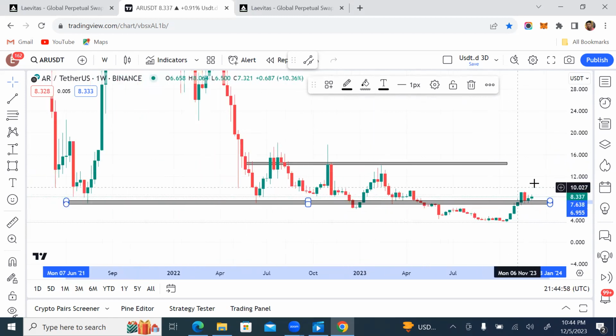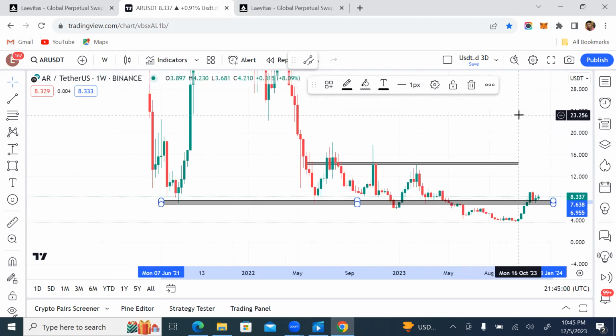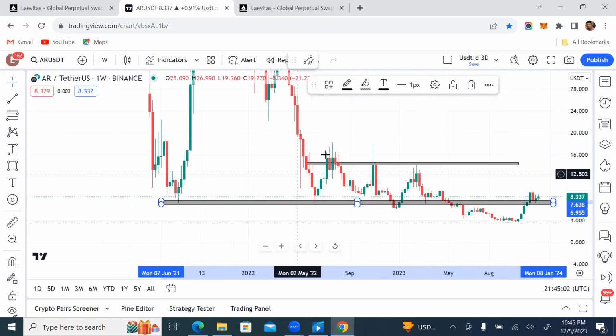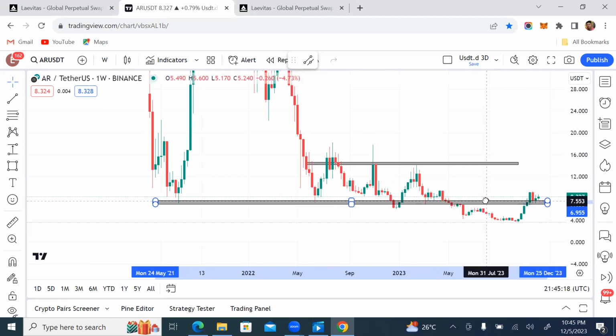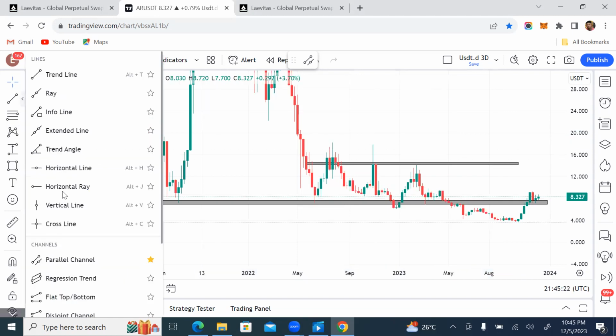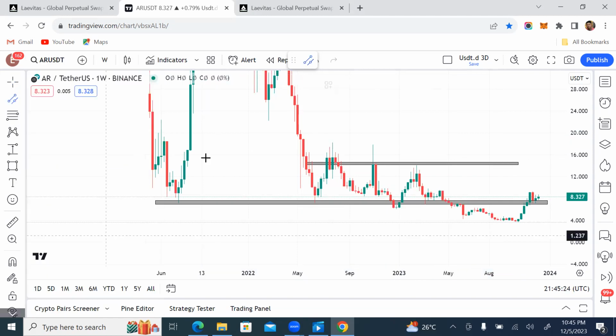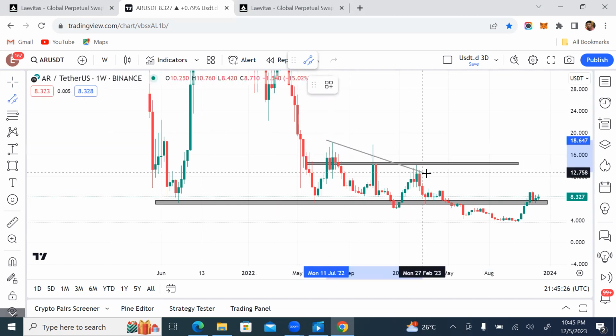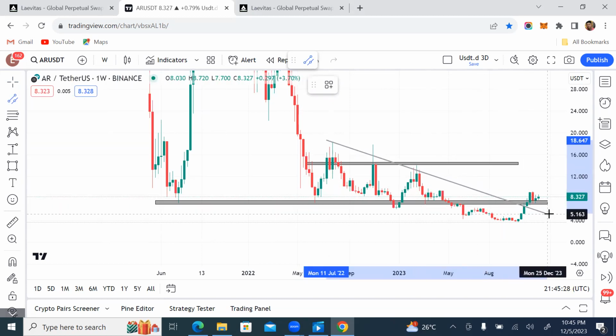Now, on this weekly time frame, I also want to identify if there's any pattern. You can identify these on the daily or on the weekly. This is ARUSDT. We're using the weekly time frame, so let's see if we can find any pattern that is quite visible.